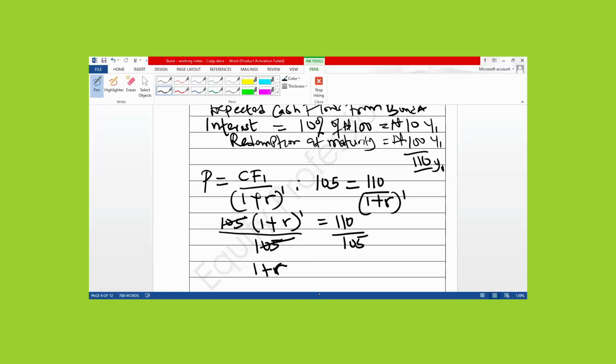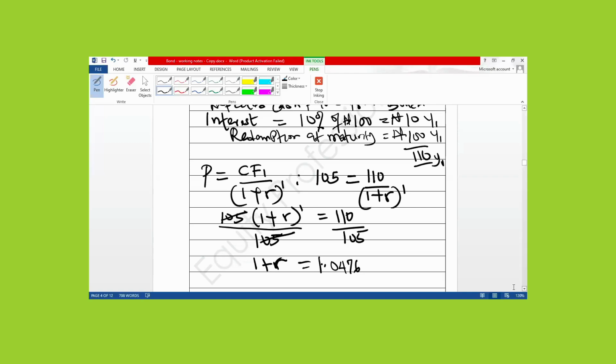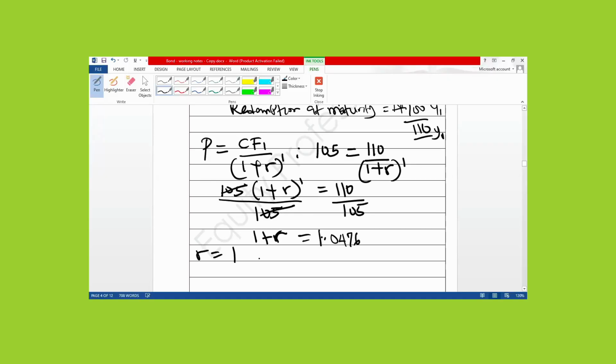That gives 1.0476. What is R? Make R the subject of the formula. R is equal to 1.0476 minus 1, so R is equal to 0.0476.